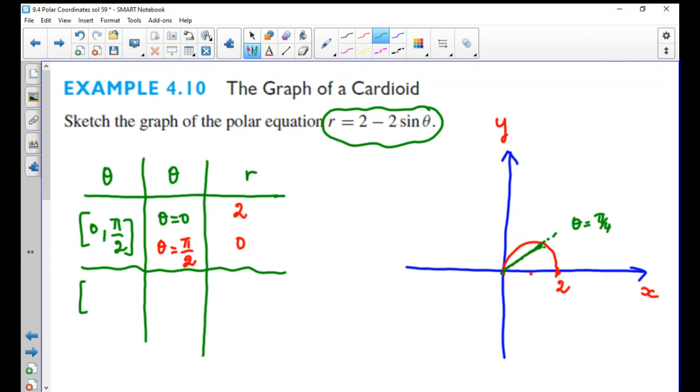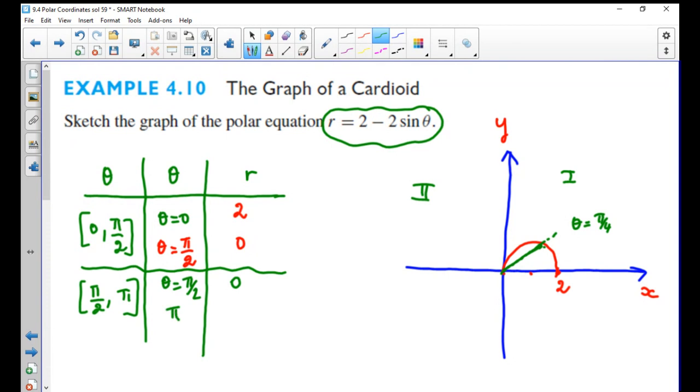And then what happens when theta goes from pi over 2 to pi? So we are basically in quadrant 2 this time. At pi over 2, we know that we're starting from 0.